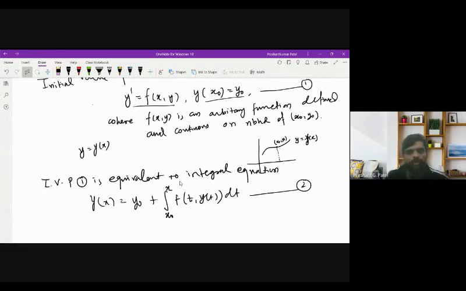So finding the solution of this one is equivalent to finding the solution of this integral equation.